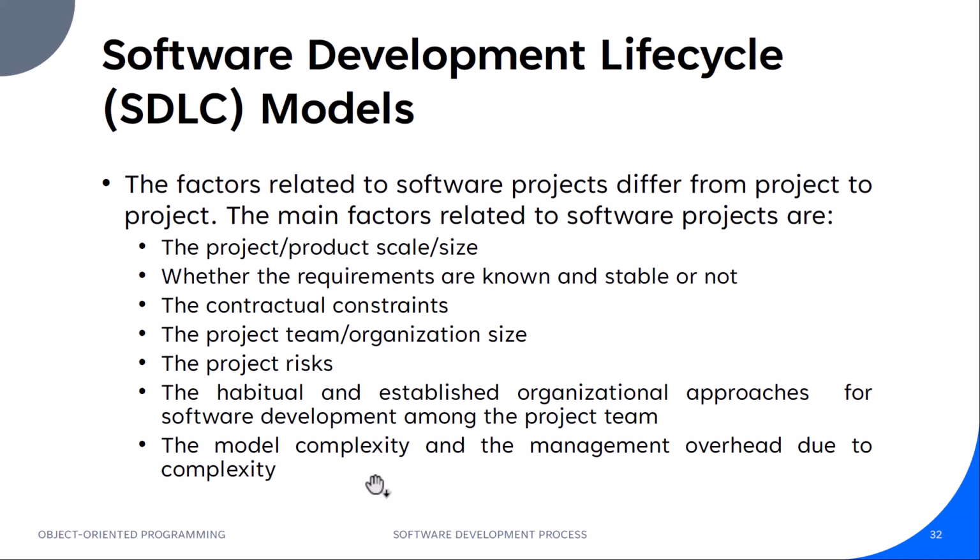Again, the project team or organization size may be a factor to determine a particular software development lifecycle. The waterfall model, the iterative and incremental model, and some other models can embrace larger team sizes, while the agile approach or rapid prototyping approach requires that the project team or organization size is not large, or at most mid to small scale.